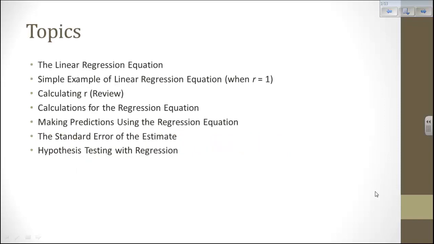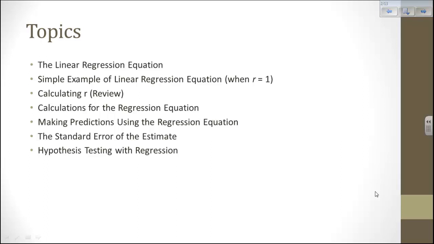So, a summary of the topics that will be covered in this lecture. I'll show you a simple example of the linear regression equation in a scenario where you'll have exact perfect correlation, where the regression equation results in the plotting of a straight line that fits the data perfectly because there is a perfect correlation.